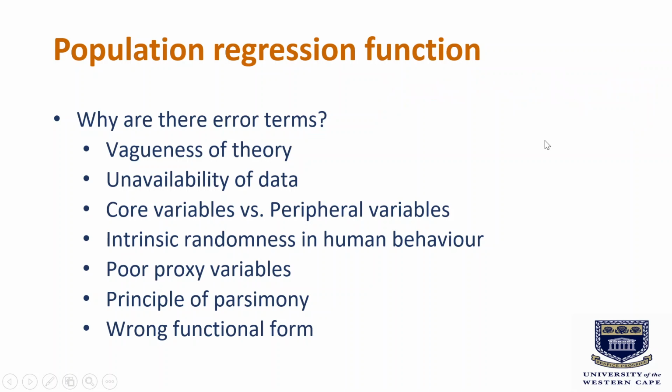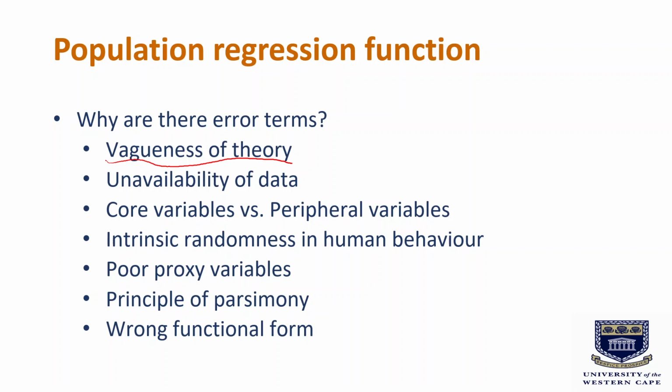Now we can dig a bit deeper and ask, why is that? Well, models usually are derived from some sort of theory. Some people might even say that a model is also a theory, but we can also distinguish between those two things. Either way, errors can arise due to vagueness of theory.